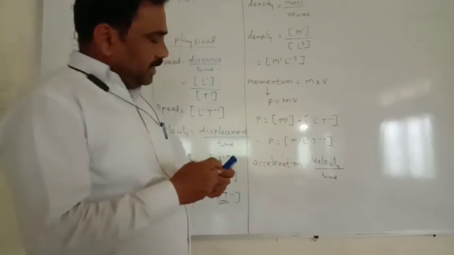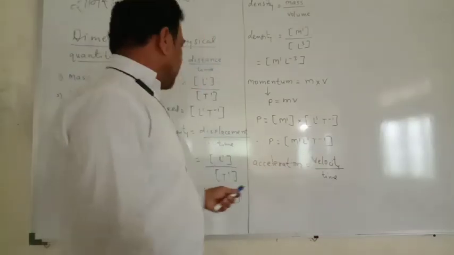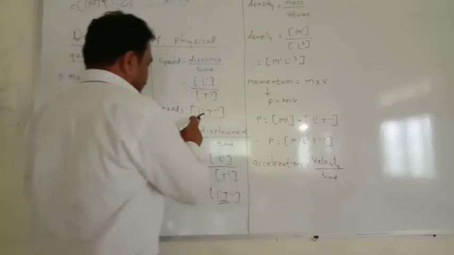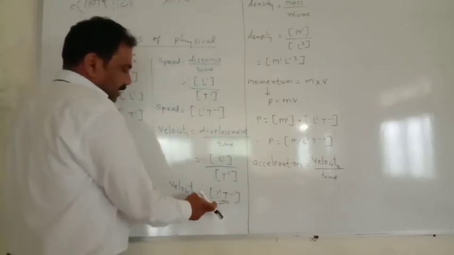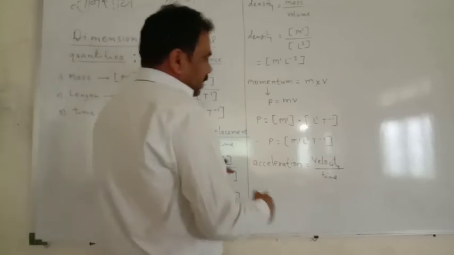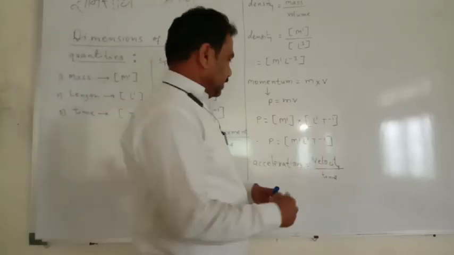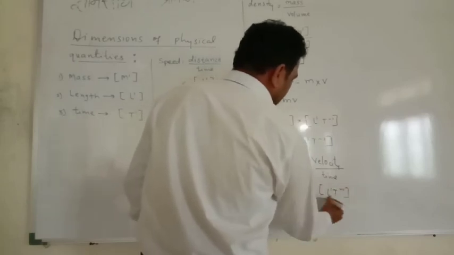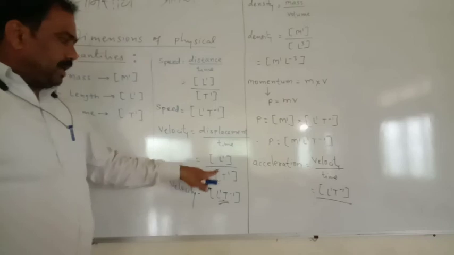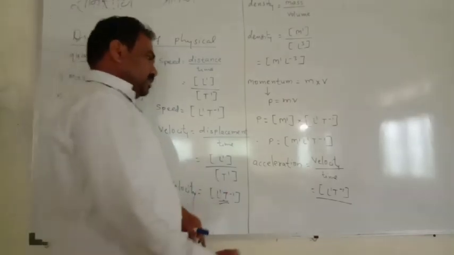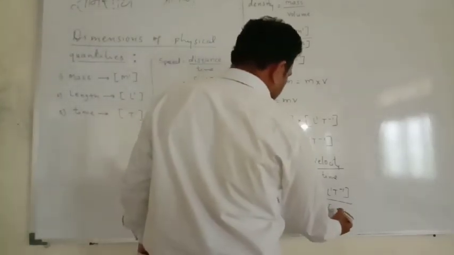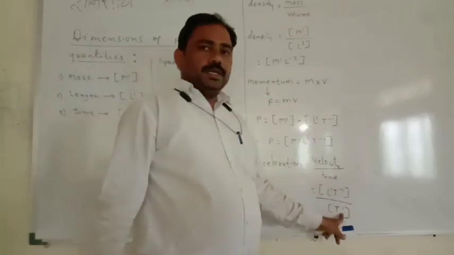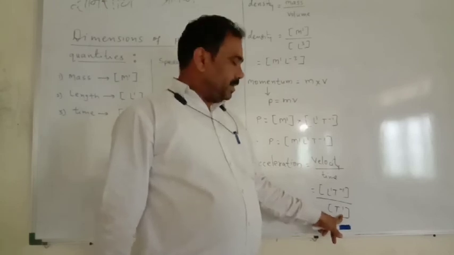We already calculated the dimensions for velocity, using displacement upon time, that is L1 T minus 1. So instead of velocity we write L1 T minus 1 upon time. For time we use T1. The minus 1 and this plus 1 do not cancel, so you should remember this.